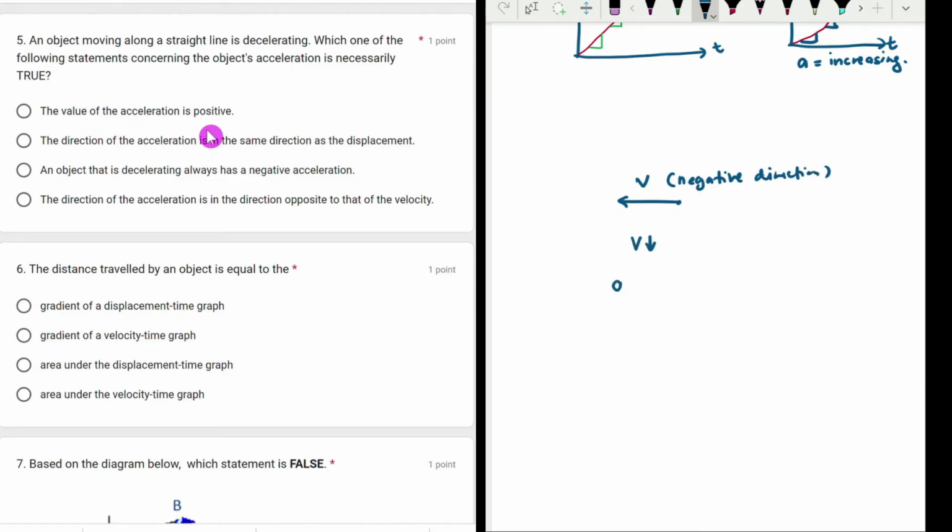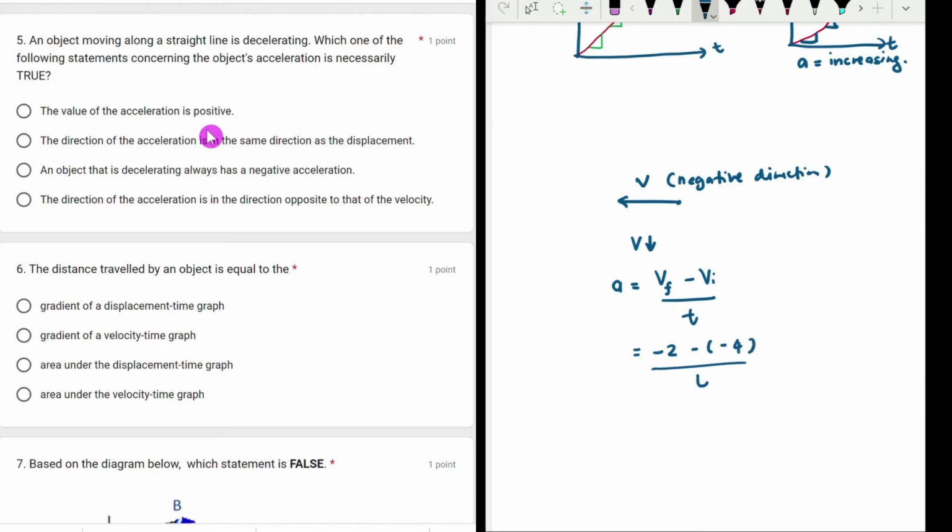So kalau kita kira dia punya acceleration, dia akan jadi V final minus V initial over time. Let's say kita letak satu nombor. V final because dia decelerating, so V final dia akan jadi kecil kan, but it's moving in negative direction. So negative 2 minus V initial, let's say V initial dia adalah negative 4.